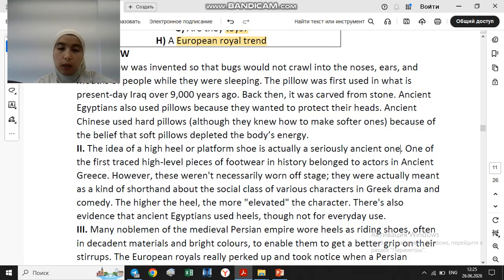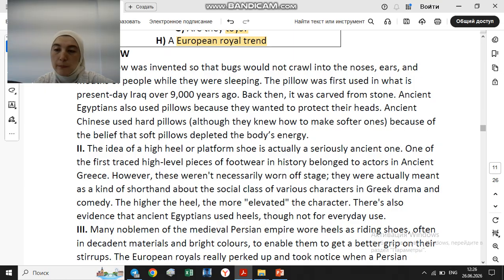The higher the heel, the more elevated the character. There is also evidence that ancient Egyptians used heels, though not for everyday use.